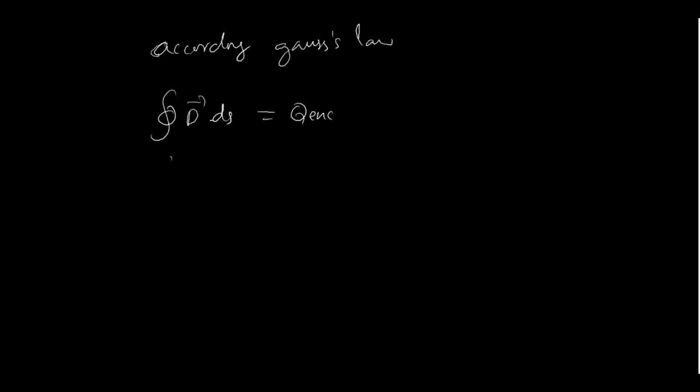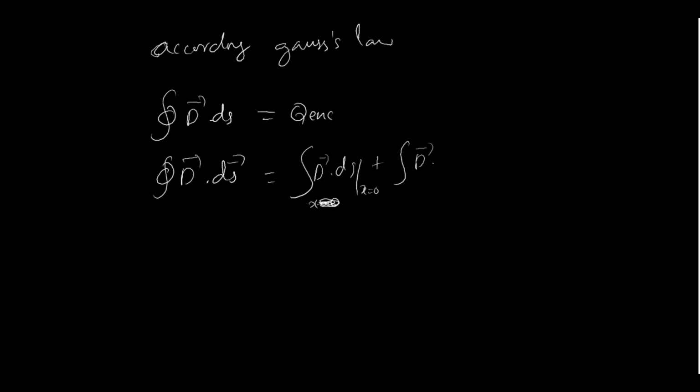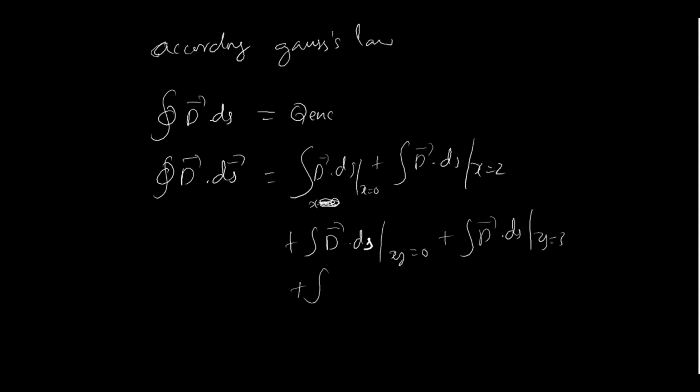So closed integral D dot dS will be integral D dot dS at x is equal to 0 plus integral D dot dS at x is equal to 2 plus integral D dot dS at y equal to 0 plus integral D dot dS at y equal to 3 plus integral D dot dS at z is equal to 0 plus integral D dot dS at z is equal to 5.